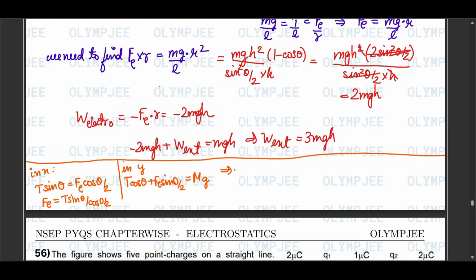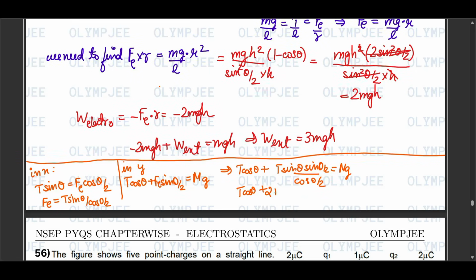So this will give us T cos theta plus T sine theta by 2 by cos theta by 2 is equal to mg. So I will get T cos theta plus, this can be broken into 2 sine theta by 2 cos theta by 2, and cos theta by 2 will get cancelled.